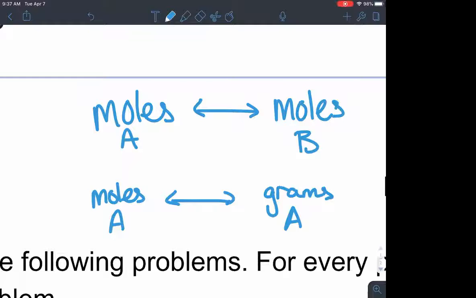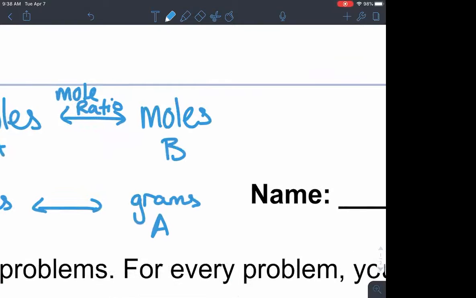All right. For moles to moles, do you remember the mole ratio? Yeah. So we're going to use the mole ratio to get from moles of one compound to moles of a different compound. And do you remember where we get the mole ratio from?